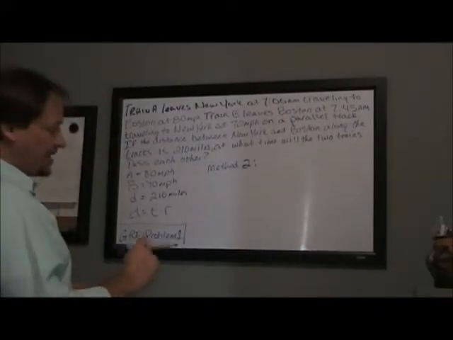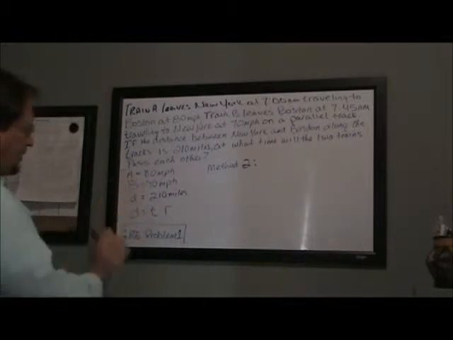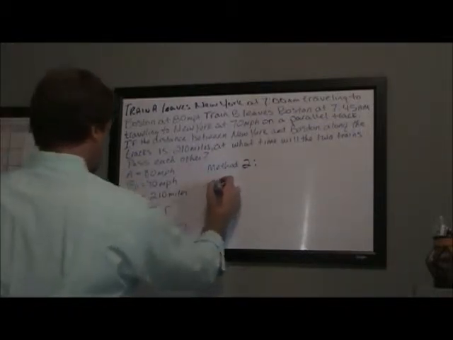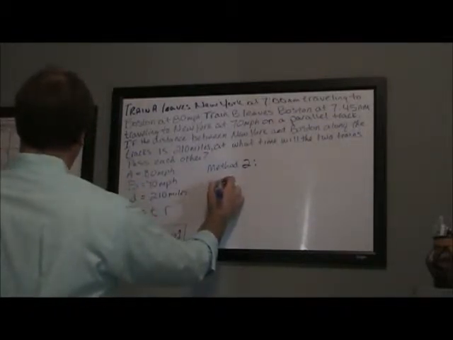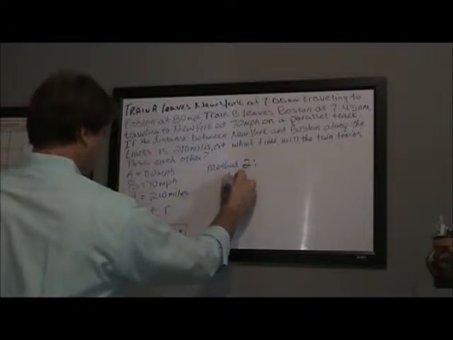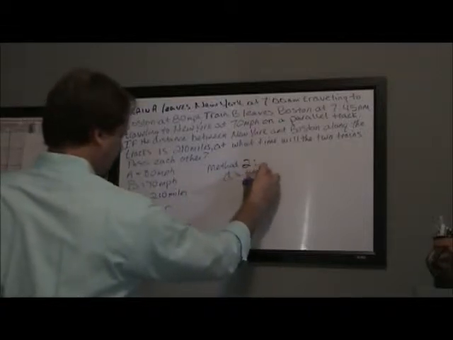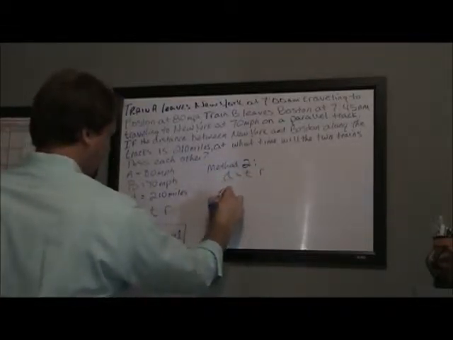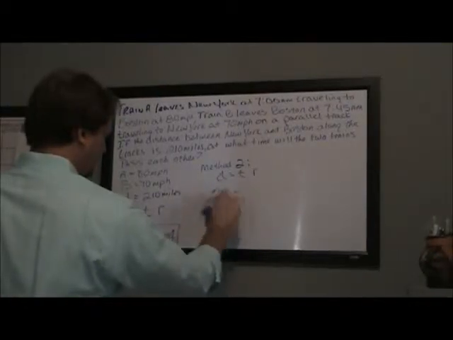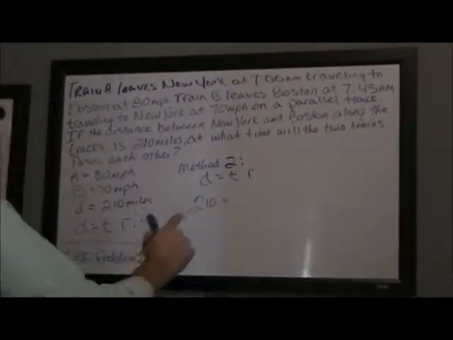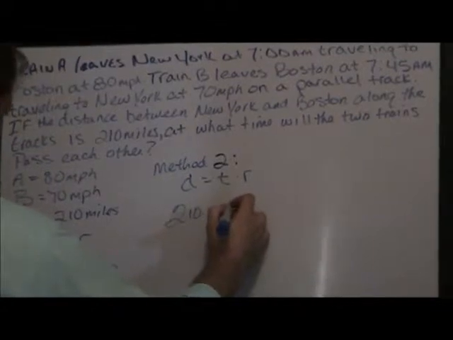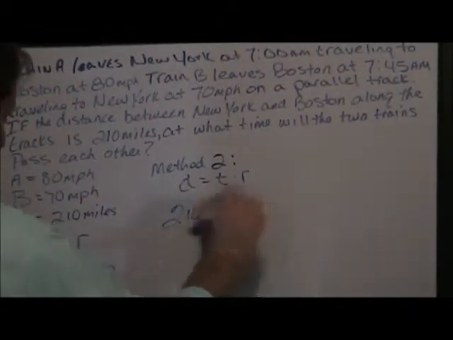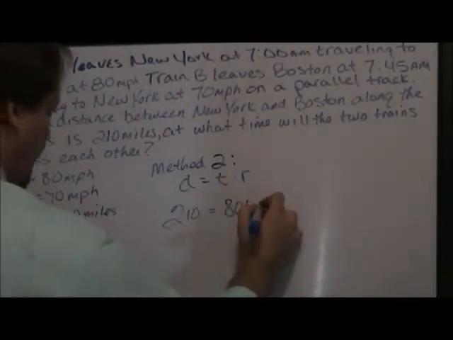Okay, the second method for solving this using the exact same formula is, we know distance is time times rate. The total distance was 210 miles. Train A is traveling at 80 miles per hour.